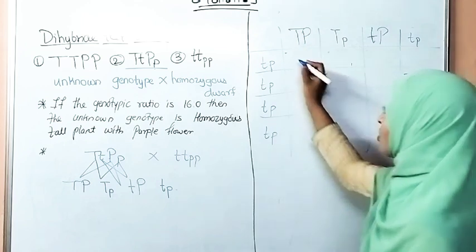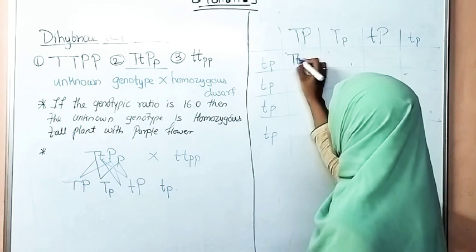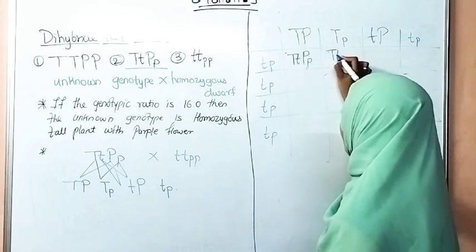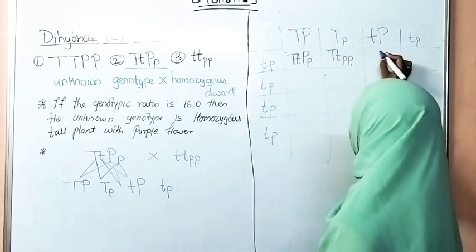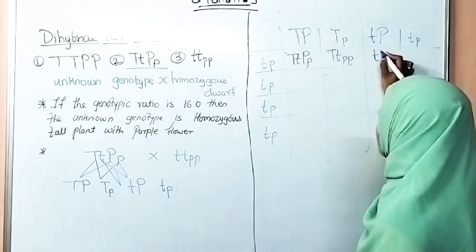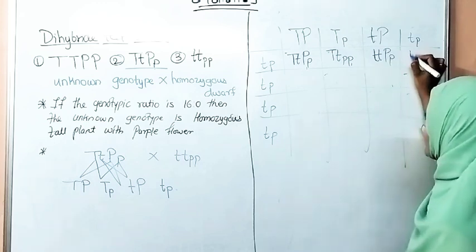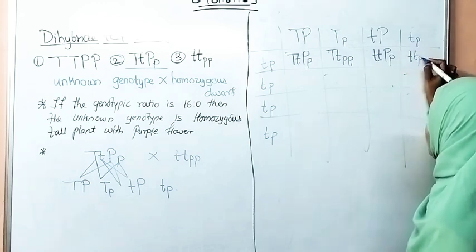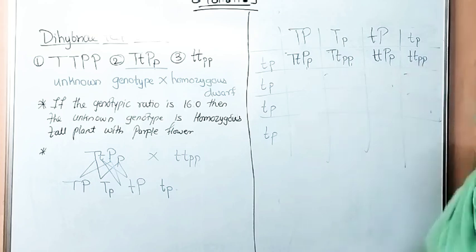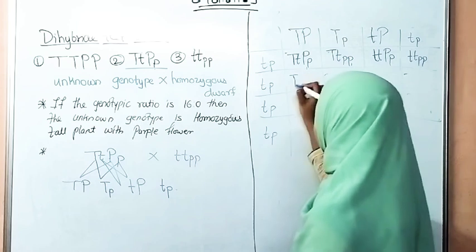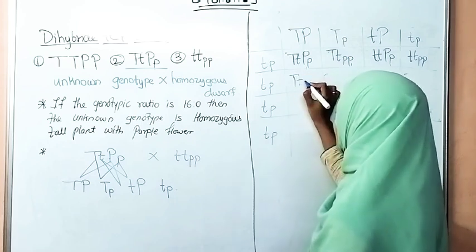Capital T, capital P, small p, capital T, small p, small p, small t, capital P, small p, and the same small t, small t, small p, small p. So we get four different characters, and we get capital T, capital P, small p as it is.